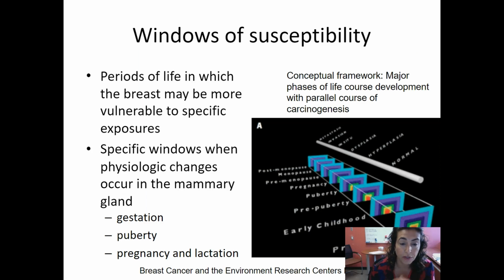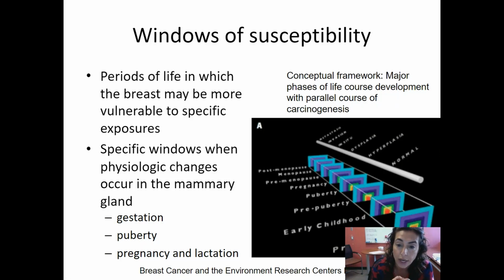And I think especially when we think about the breast, there are different periods in life where the breast may be more vulnerable to specific exposures. So the breast is undergoing mammary gland changes all the way from gestation through puberty, when women go through pregnancy and lactation. These are all potential windows of physiologic change in which exposures may act differently in the breast than other periods of time. And I like this figure here, which shows on the one hand, the boxes, which are the life course stages.